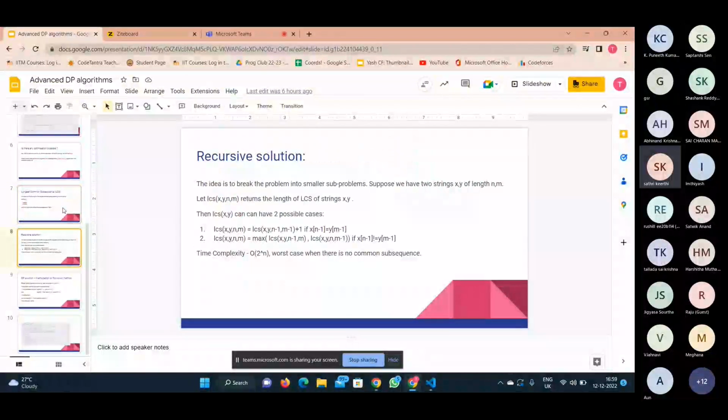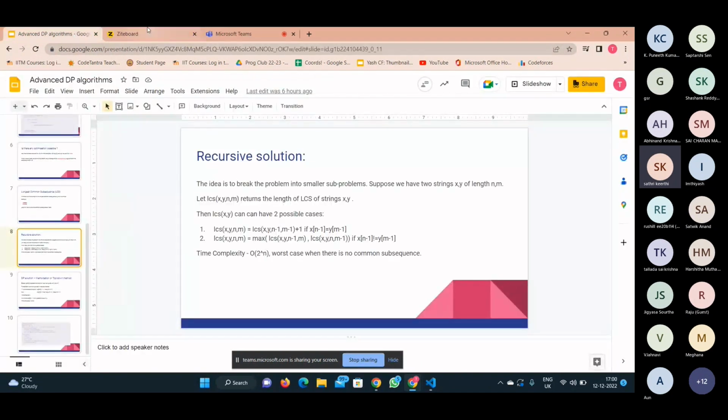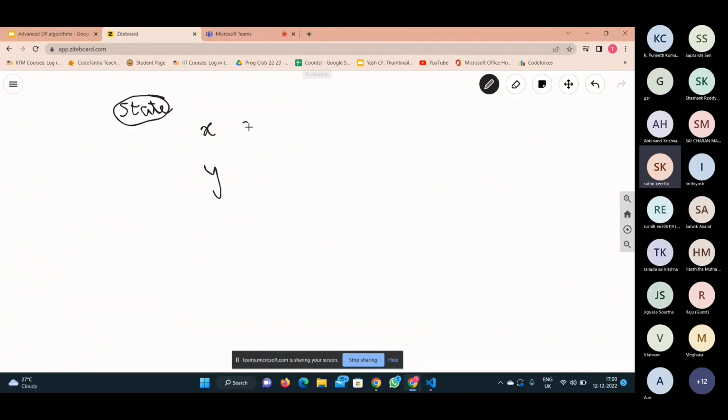Let's say LCS of x, y, n, m gives you the length of the LCS of strings x comma y, where x comma y have lengths n comma m. So LCS of x, y, n, m returns the length of the LCS of strings x comma y. So let's say we have the strings x, y, x is of size n. So we have x of 0, x of 1, and so on till x of n minus 1.